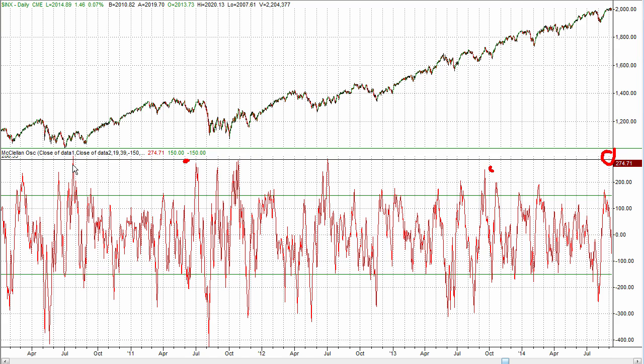Now, the one thing with McClellan, if you look at this data closely, is that it is a very short-term overbought condition, and it's often early. So just because it's overbought right now doesn't mean the market has to go down.